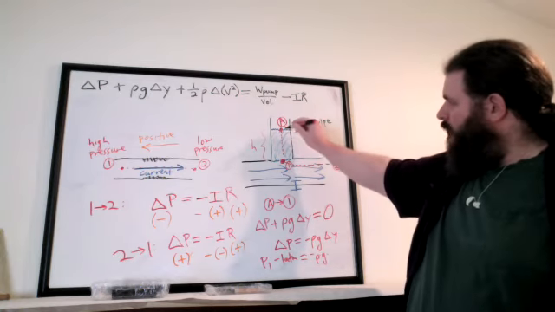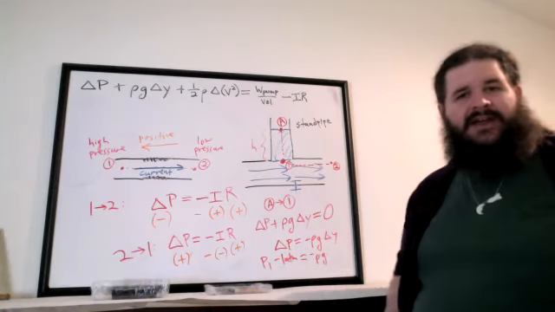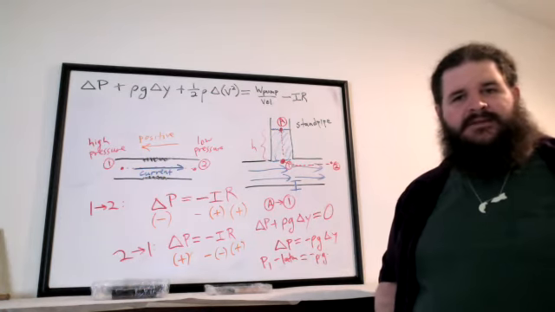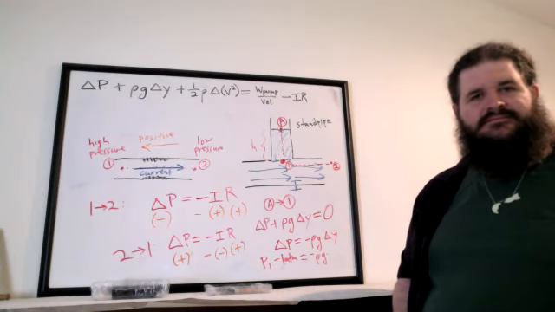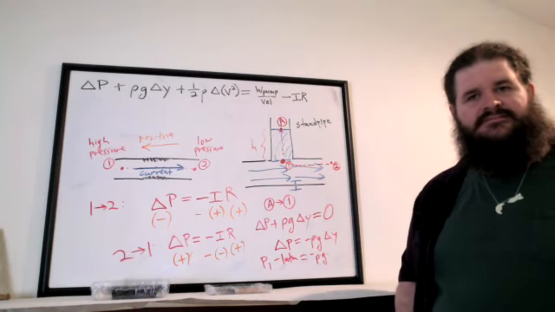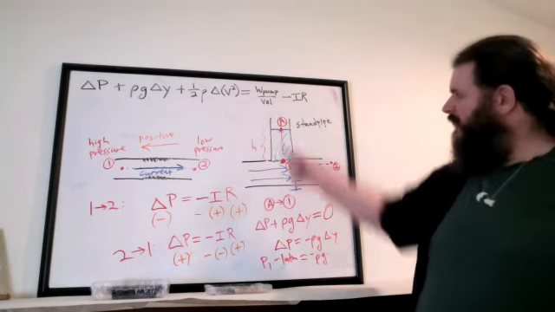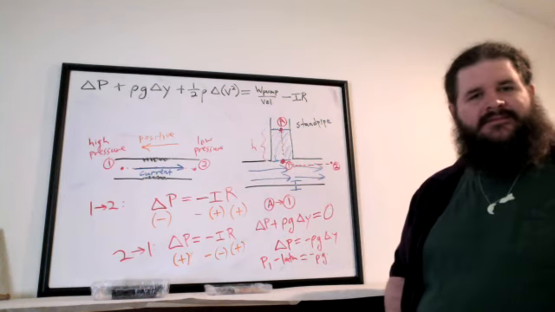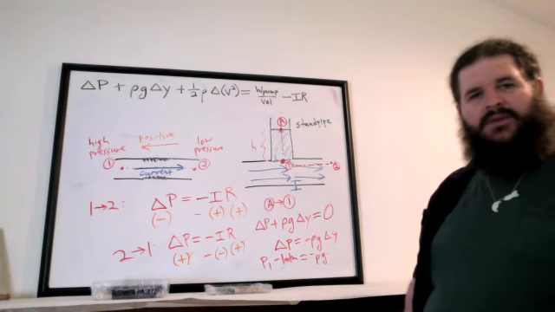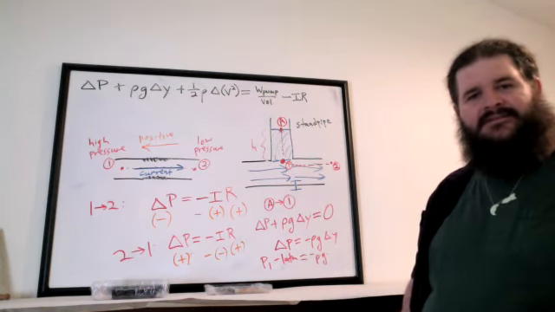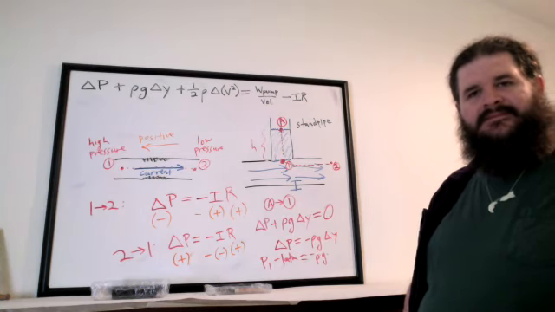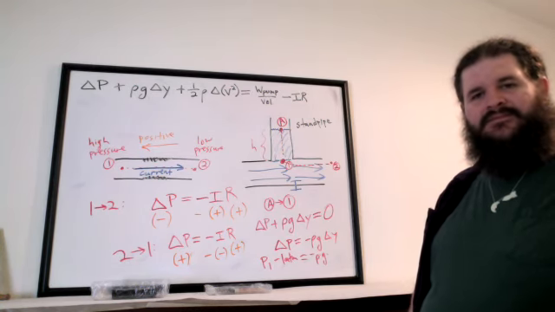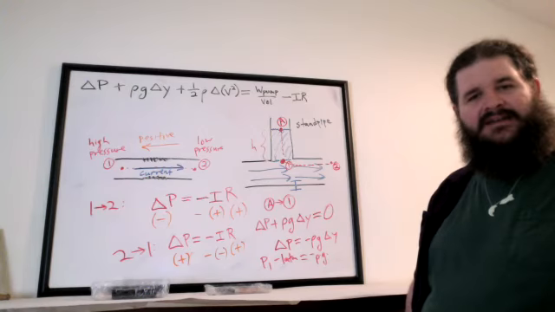And then from A to 1, would you treat delta y as a positive or negative value? From A to 1, are you moving up or down? Down. So would that be a positive or negative change in height?